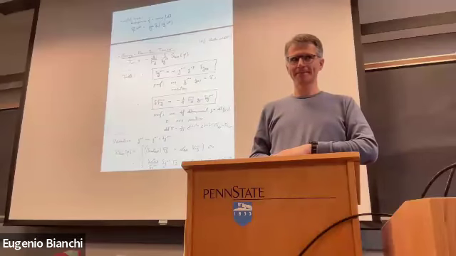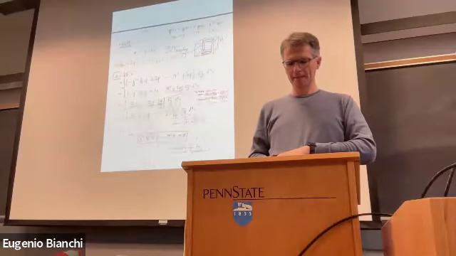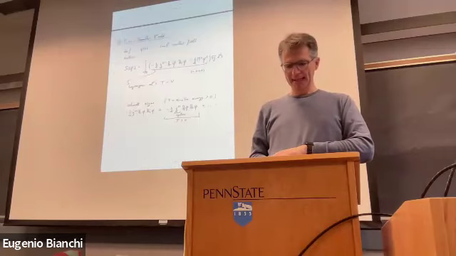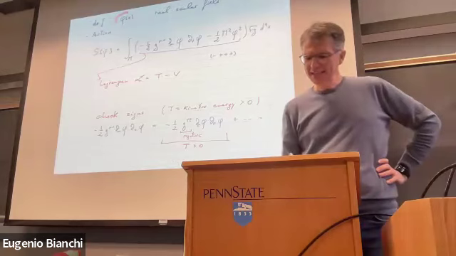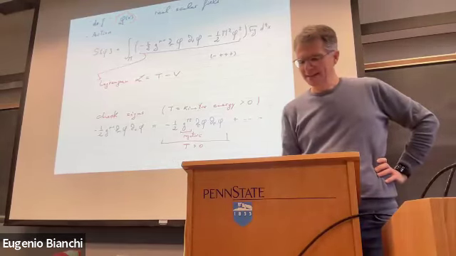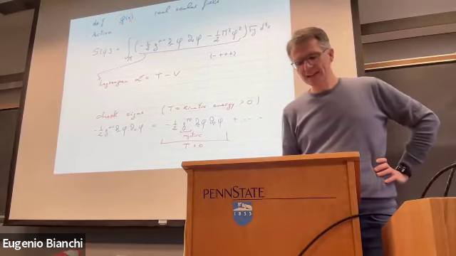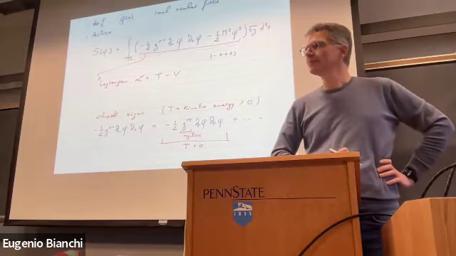Other comments? Say something more about the Lagrangian of the scalar field, like what is phi? Yes. So I'm saying that there is a scalar field. It's a real scalar, and what I did was just to declare this action.